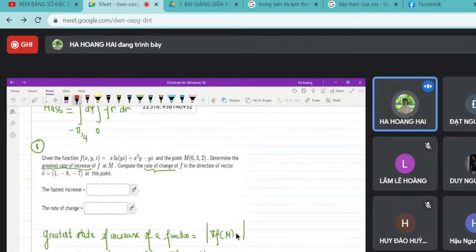Remember that we are talking about the unit vector in the direction of u.